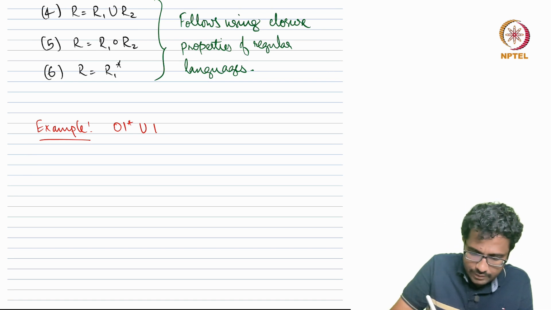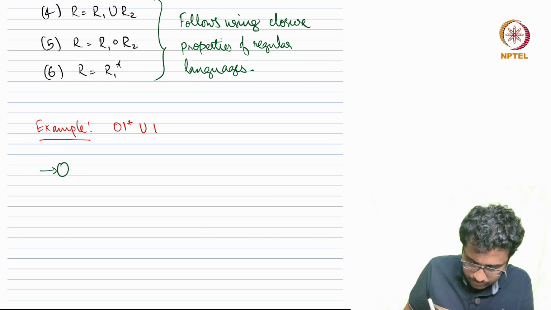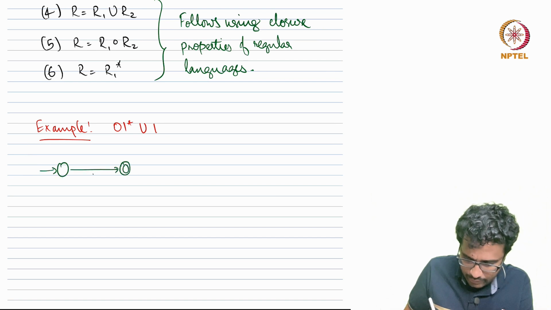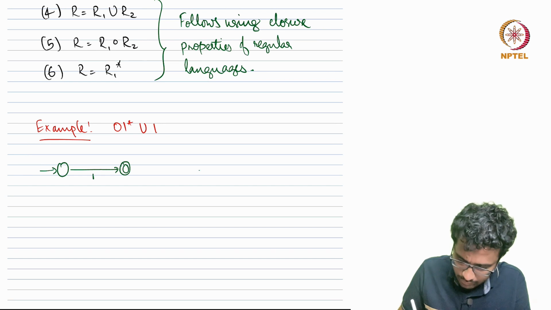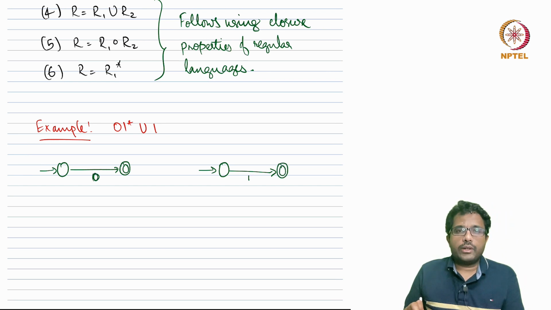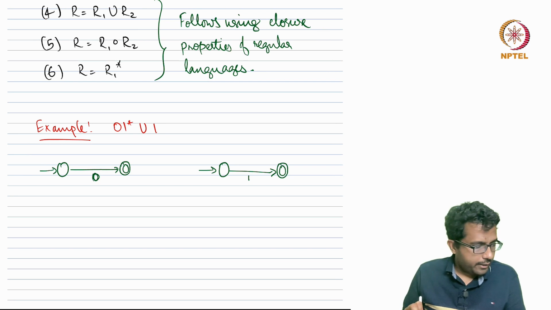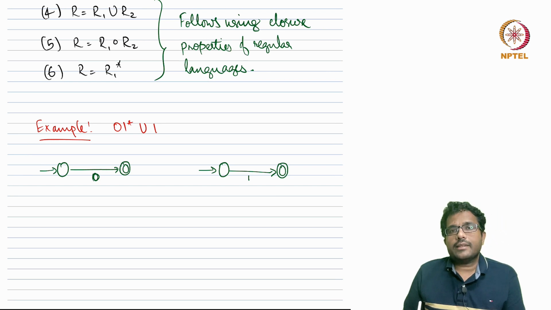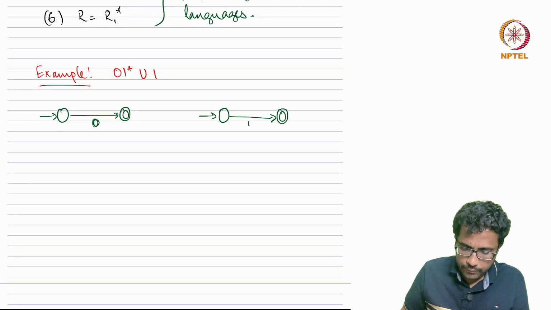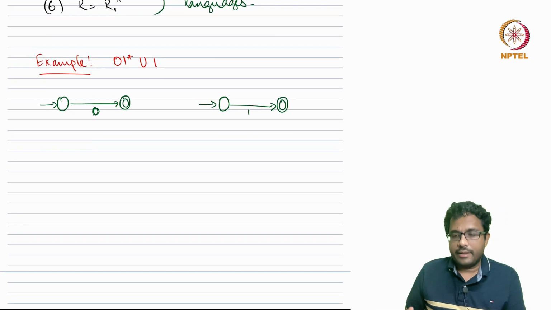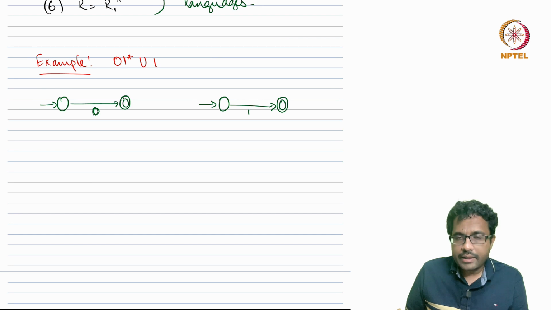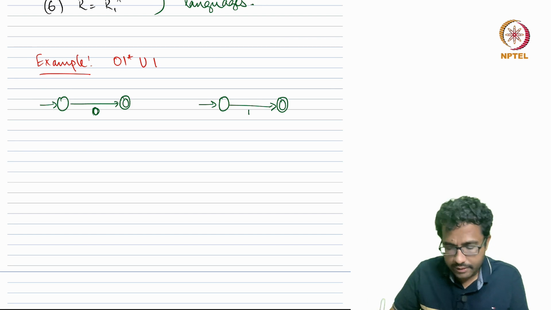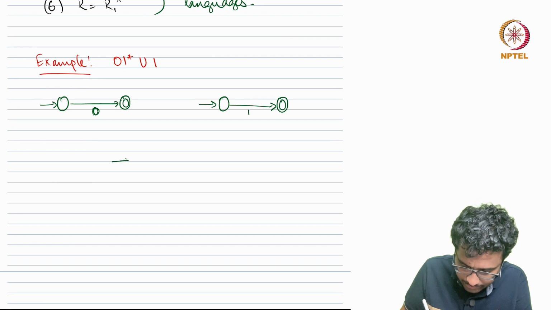Let's first consider 0. This is an NFA that accepts only 0. Similarly, this is an NFA that accepts only 1. And from this we need 0 1 star. If you recall, the proof that regular languages are closed under the star operation involved something like this.